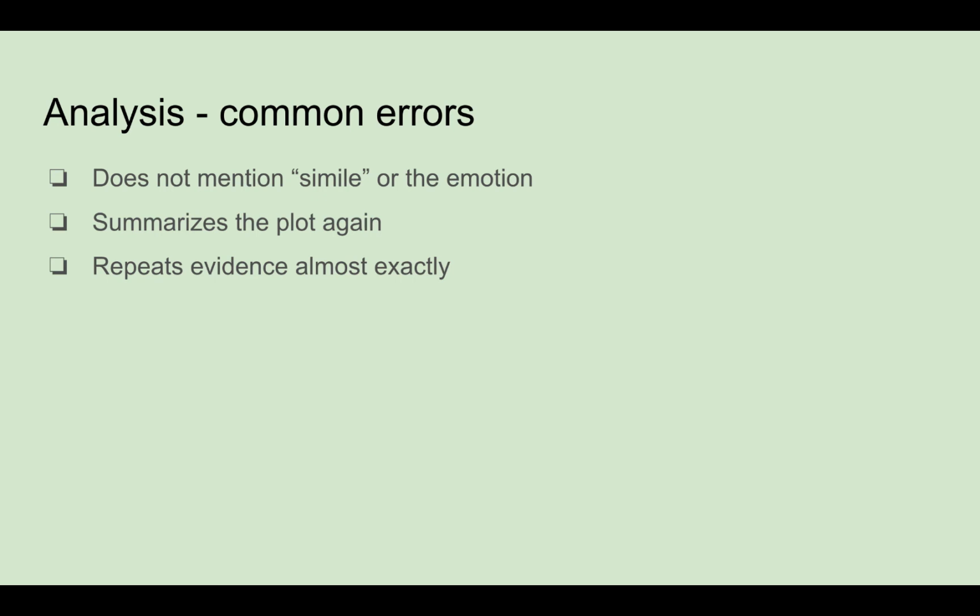They were just saying what happened in the story rather than explaining how the simile showed the emotion. And the third mistake, and I think this one was really the one we saw the most frequently, was that a lot of students just kind of repeated their evidence. So they just kind of resaid their evidence in a different way without actually explaining it.